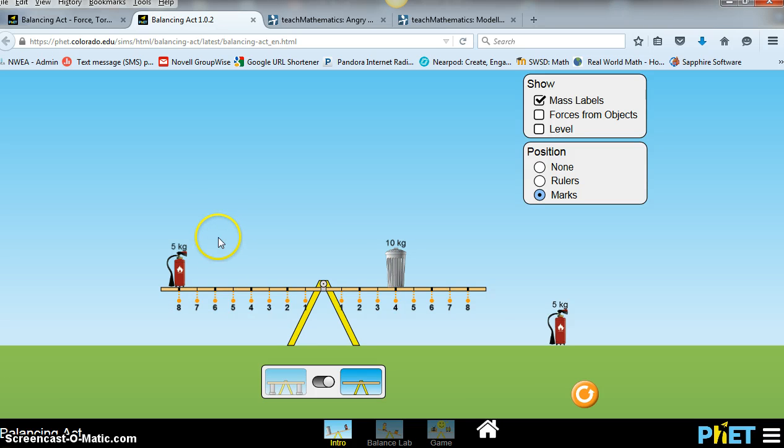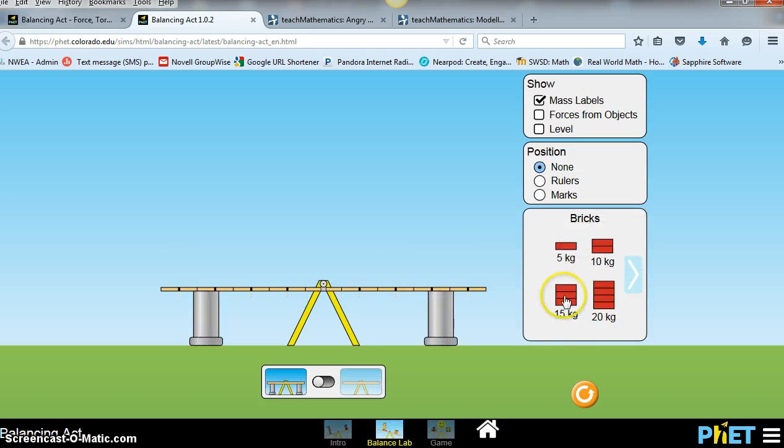What I want you to do next is go to the Balance Lab to practice this a little bit on your own. If you click on the Balance Lab, the same type of app simulation comes up. Again, you can take away the supports, add the unit markers on here. And I have a different amount of mass weights along the side that you can drag on and put wherever you would like.